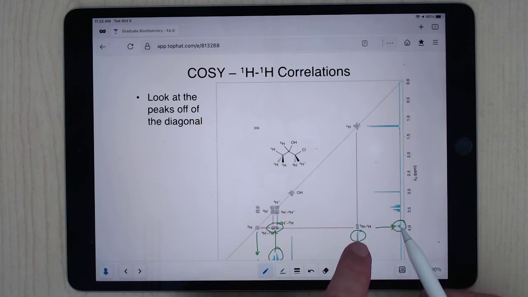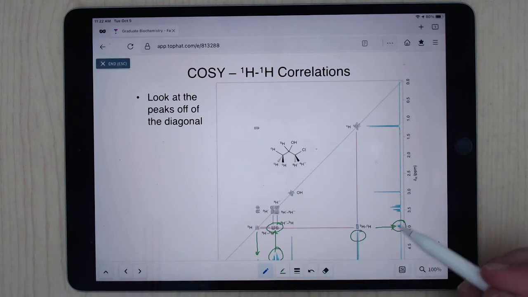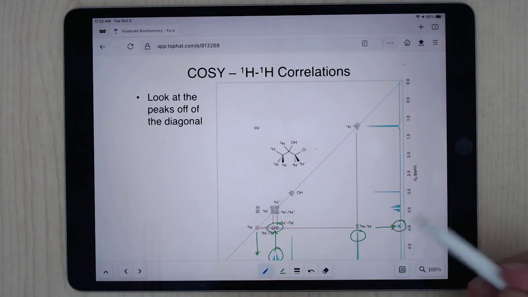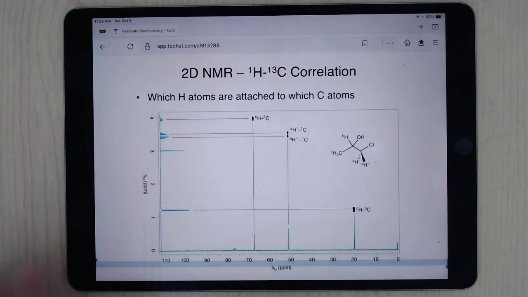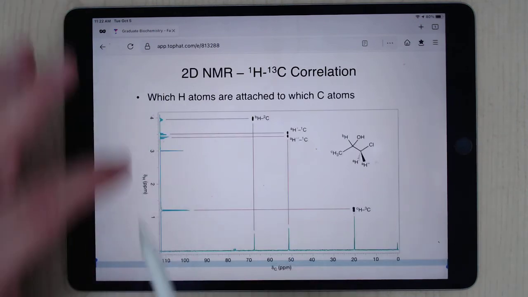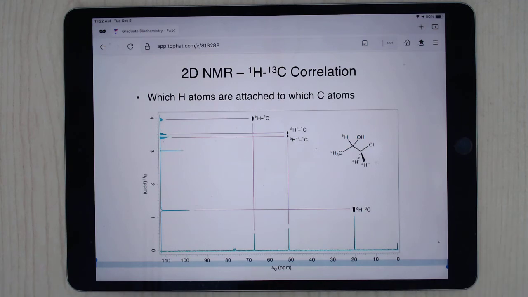So these guys are also interacting. The signal at 4 is interacting with this signal on one side, and these guys on the other. You can use these to give more information about how the hydrogens are positioned more accurately. You can also do this where you have a hydrogen on one side and a carbon on the other, which we'll talk about in a second.